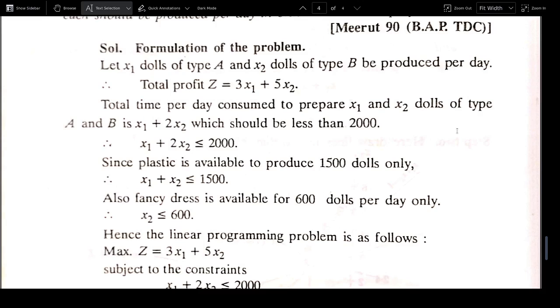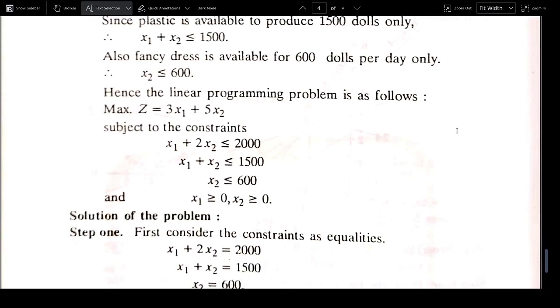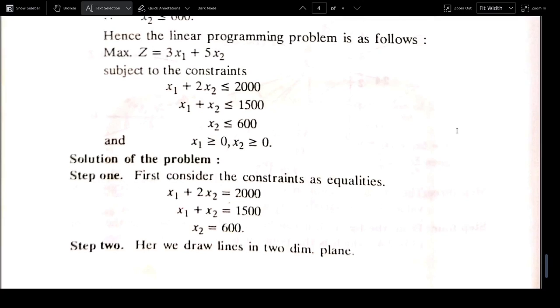And next, in the question you see, how many of each should be produced per day in order to maximize profit. So first we have formulated the LPP, and next we have to find the values of x1 and x2.